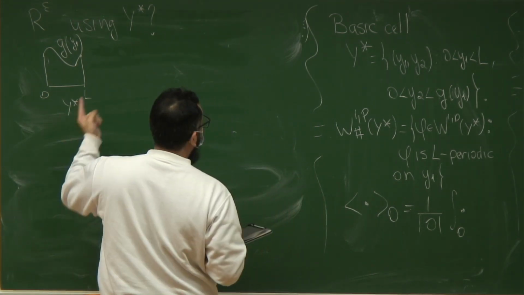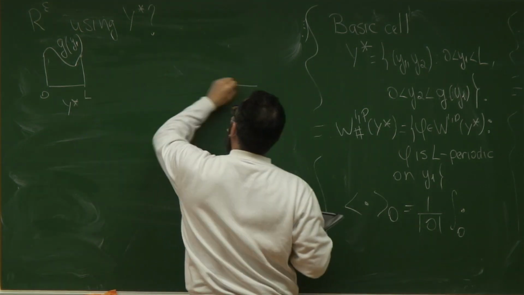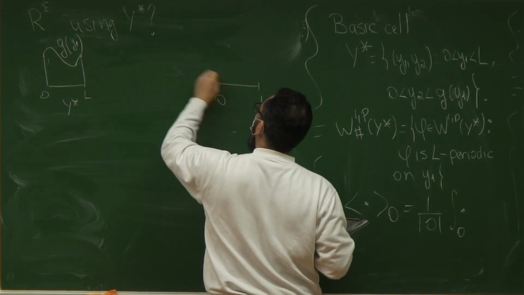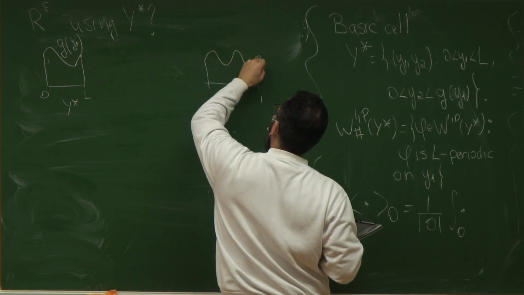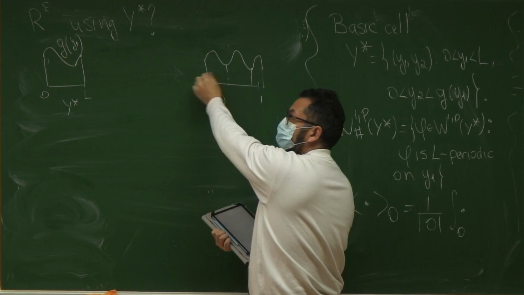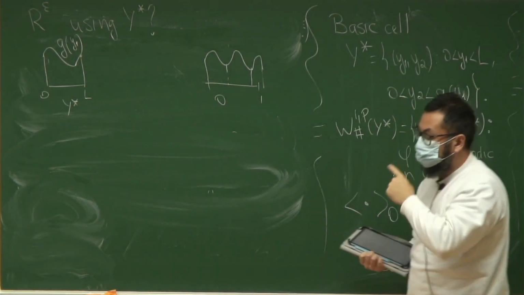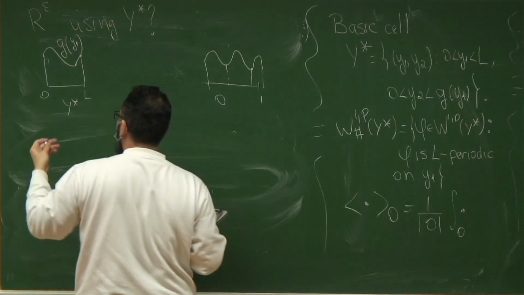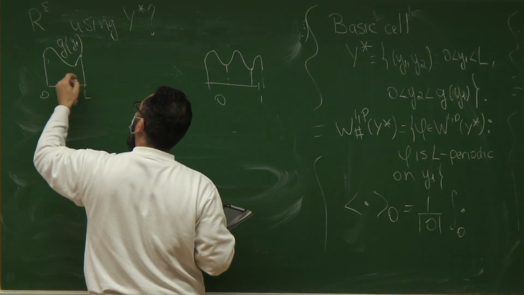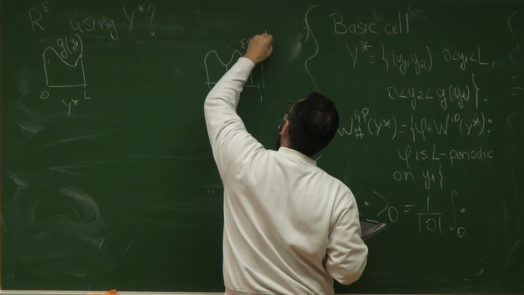In order to have the R epsilon, which is the 0, 1, notice that somehow you have to rescale that to make it fit. How to rescale?